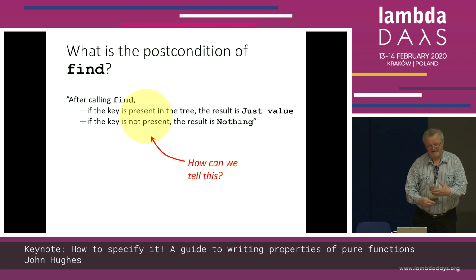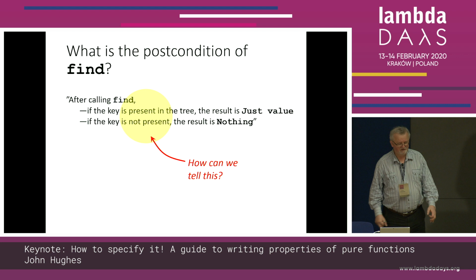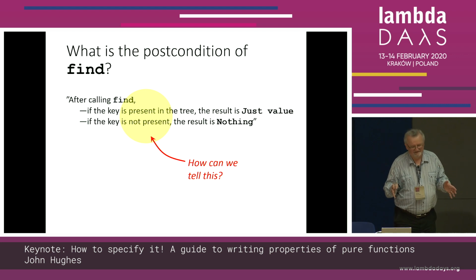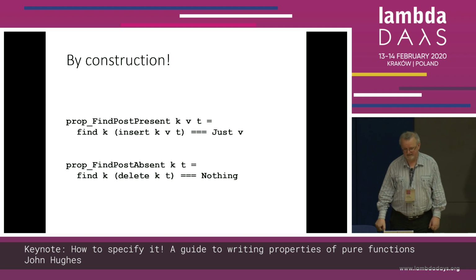Well, there is a nice trick that we can play at this point. We can say, rather than trying to write a test that determines whether or not a key is in the tree, let's write tests that guarantee that the key is in the tree or that the key is not in the tree. And how can I do that?